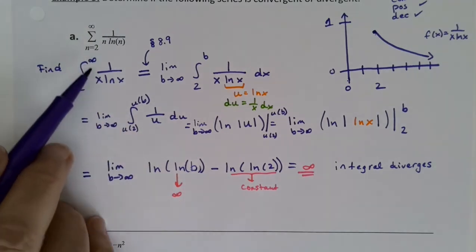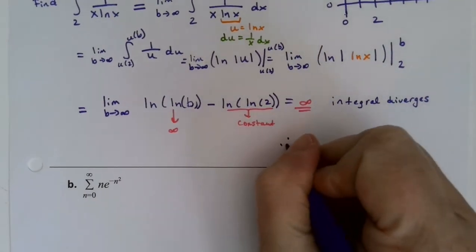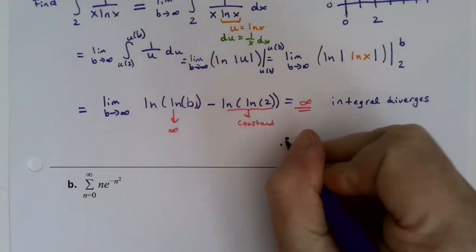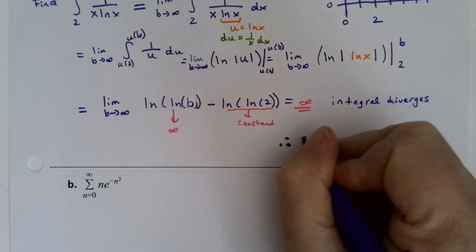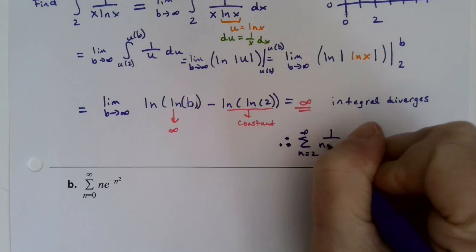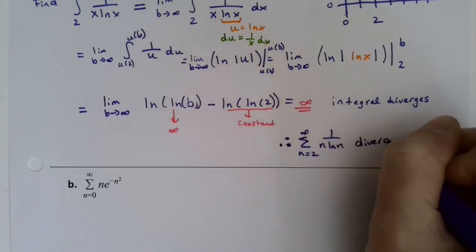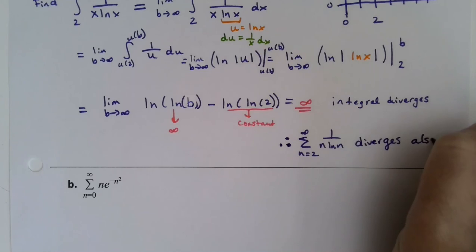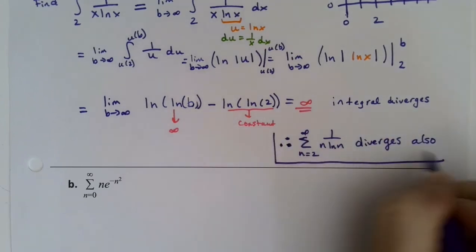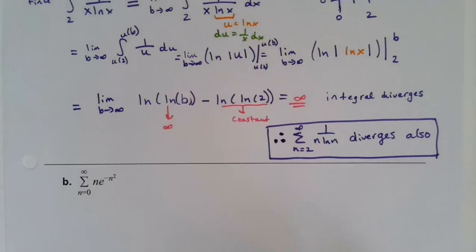They are one and the same, essentially. Therefore, the series from n equals 2 to infinity of 1 over n natural log of n diverges also. If the integral diverges, the series diverges, right? The series that is built from that function.